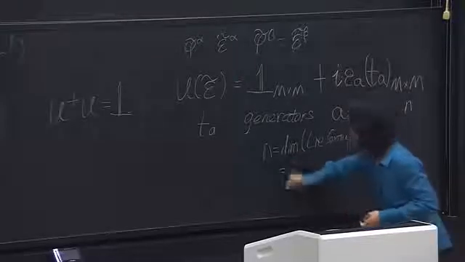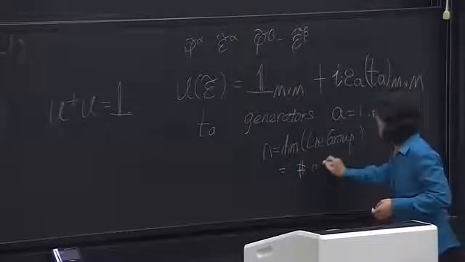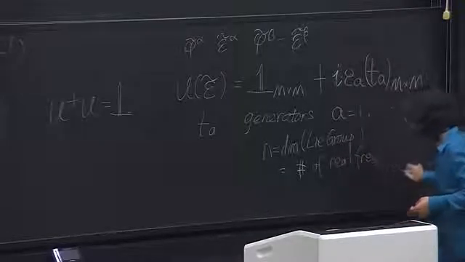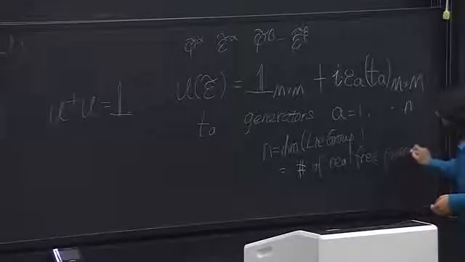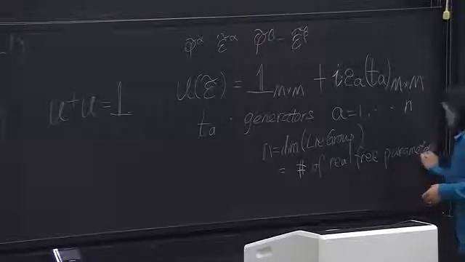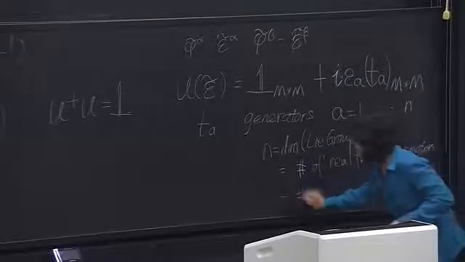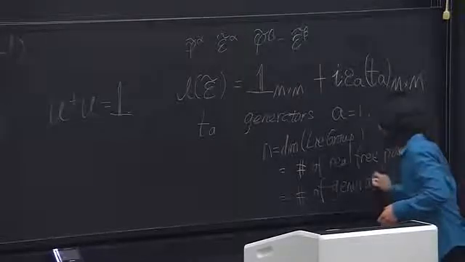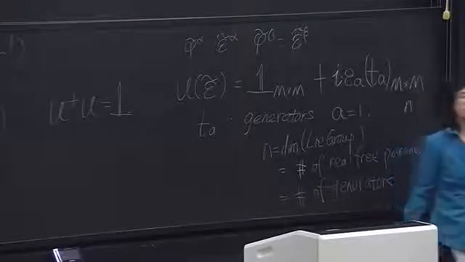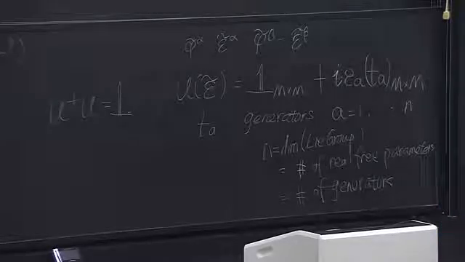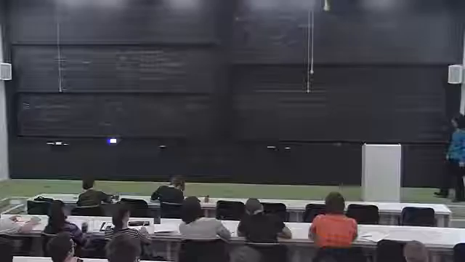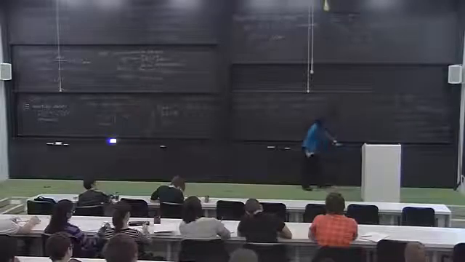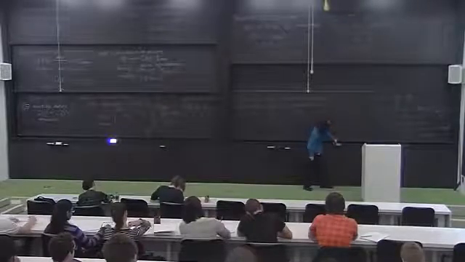It's the number of real free parameters. It's also the number of generators. They are all the same. Okay, so such a first order linear expansion must be valid. I can think about doing some derivatives.